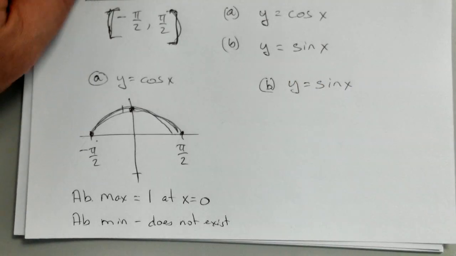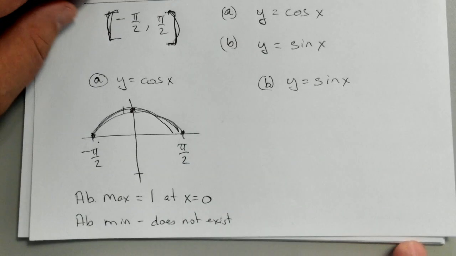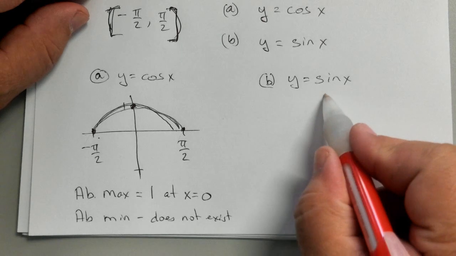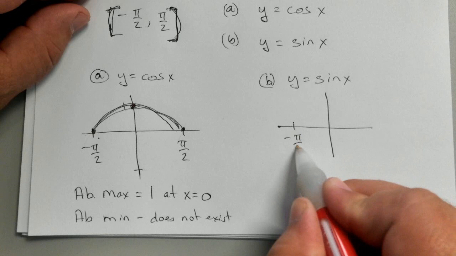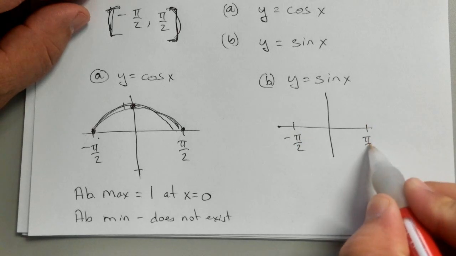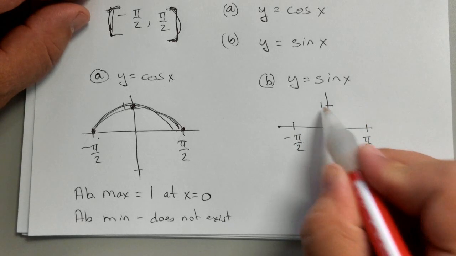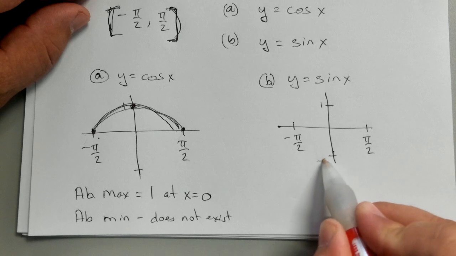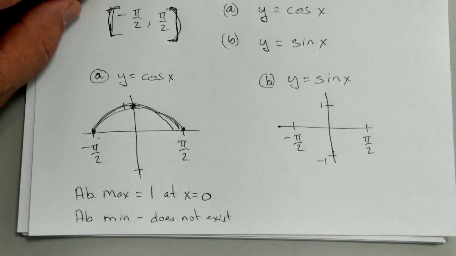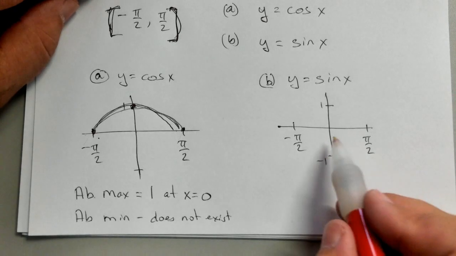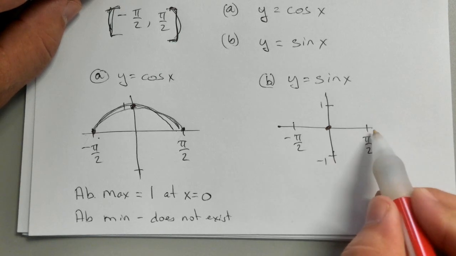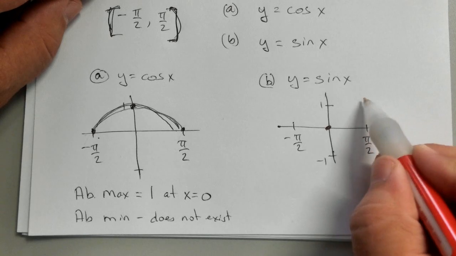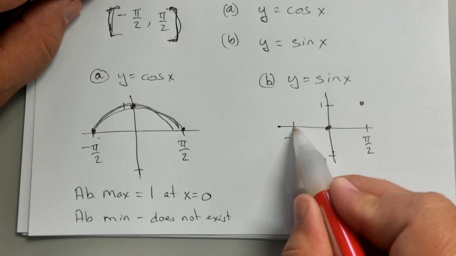Y equals sine x. What does that graph look like in the domain negative pi over 2 to pi over 2? What is sine at 0? What is sine at pi over 2? What is sine at negative pi over 2?